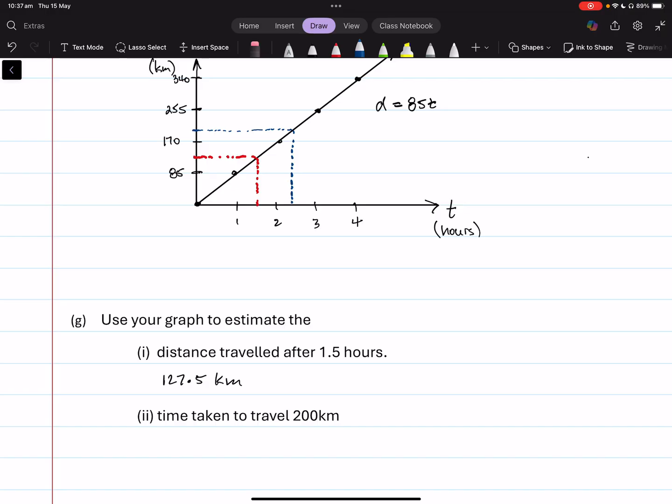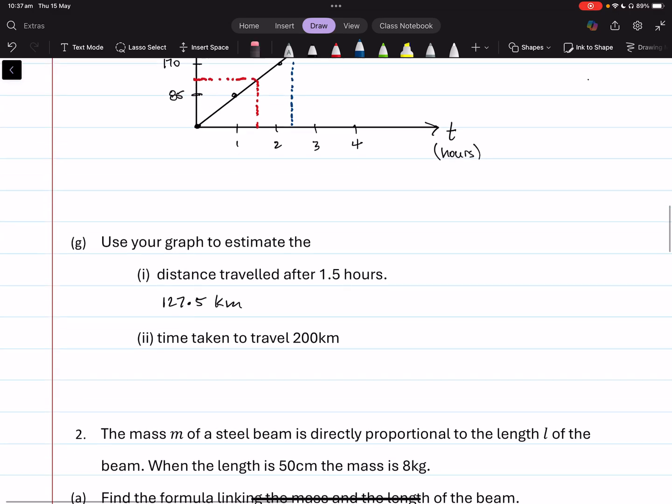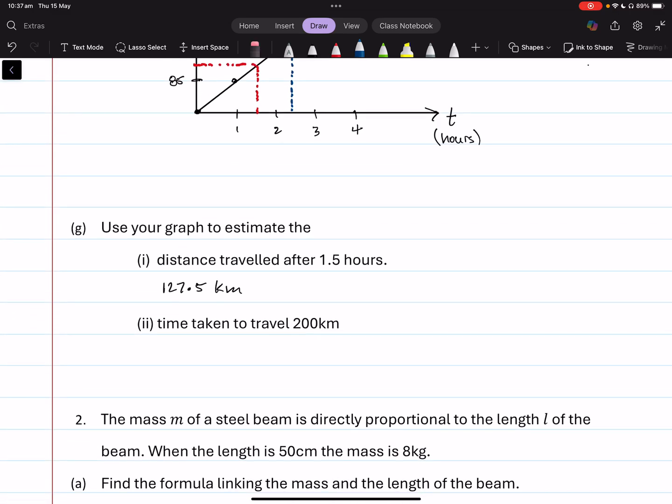So I reckon it is less than 2.5. It's probably closer to 2 1/3, maybe slightly more. This is where it is an estimate, and it's okay that it's an estimate, and you will be given a bit of leeway.